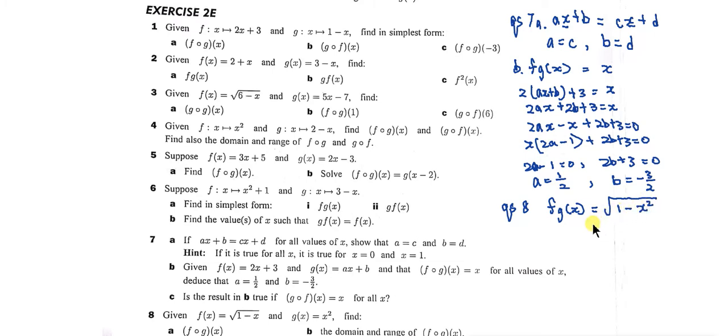Okay? That means to say, if I take this out, 1 minus x squared, can it be 0? Yes, it can. If it becomes 0, then the square root of 0 still has a value. Yeah, it becomes 0, it's okay.